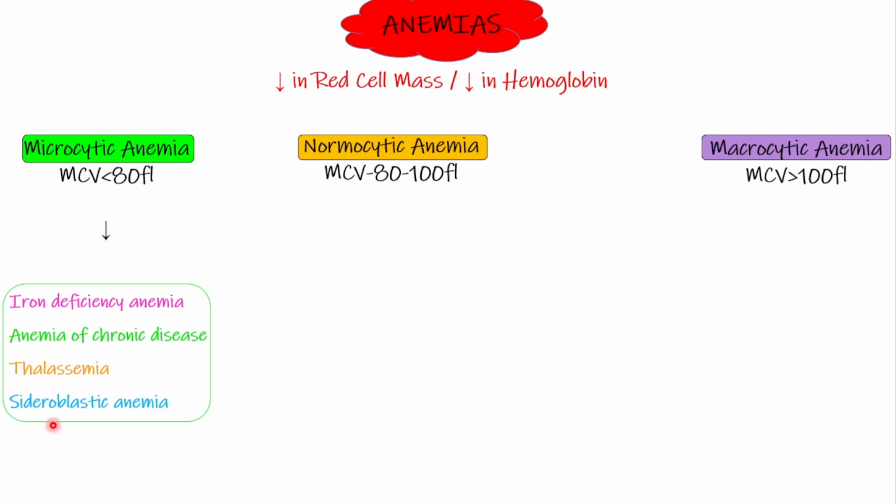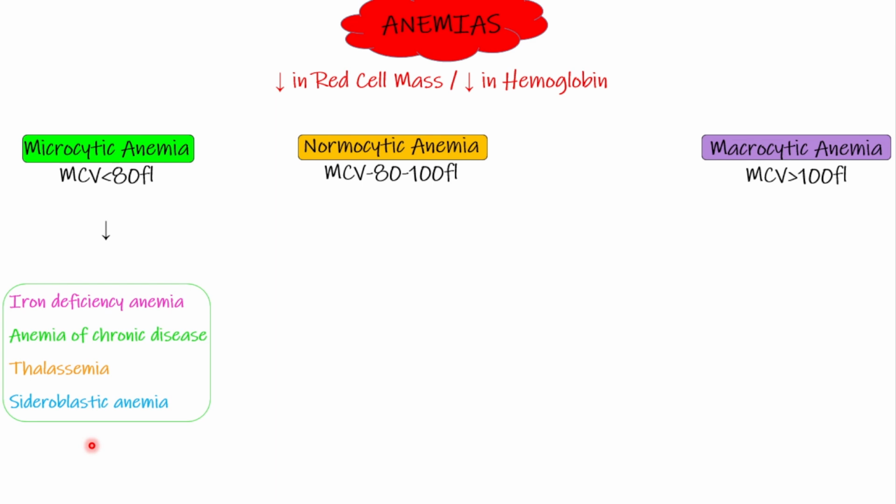Then we have sideroblastic anemia. In sideroblastic anemia, basically there is a defect of iron addition to the hemoglobin. What happens here is that the iron starts to accumulate in the mitochondria, and those iron-filled mitochondria accumulate around the nucleus in the RBCs.